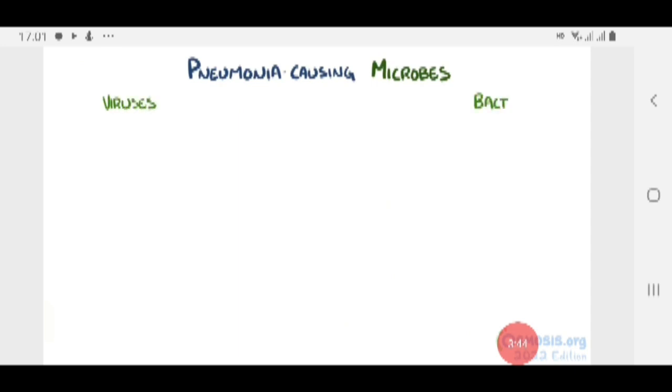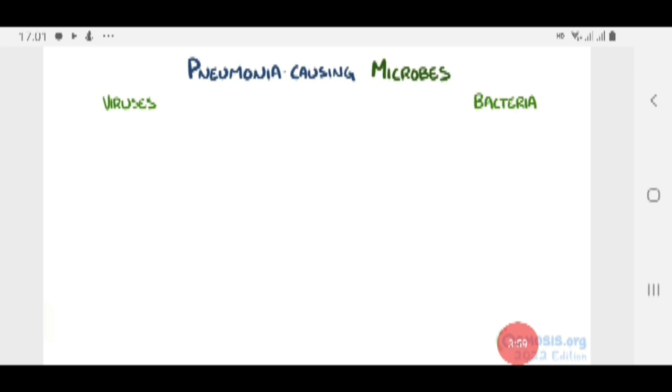Now, there are lots of different pneumonia-causing microbes. Usually it's caused by viruses and bacteria, but it can also be caused by fungi, as well as a special class of bacteria called mycobacteria.